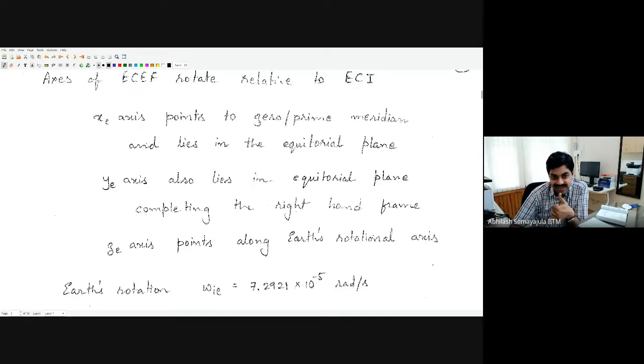The YE axis lies in the equatorial plane and completes the right-hand coordinate frame. And the Z axis points along the Earth's rotational axis about which the rotation is happening. Given that XE and ZE are fixed, YE follows the right-hand rule. That's what it's saying in essence.